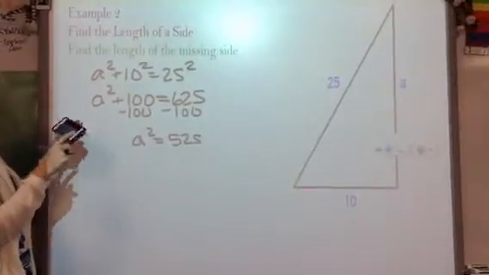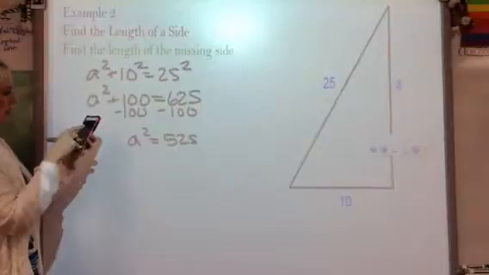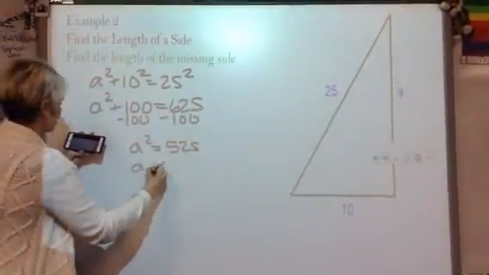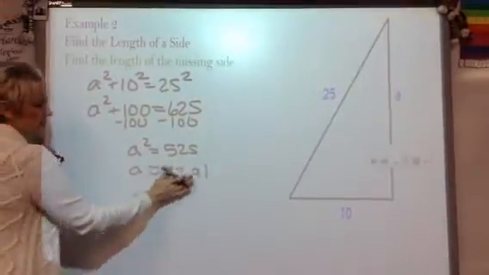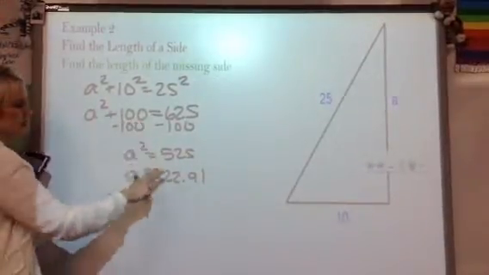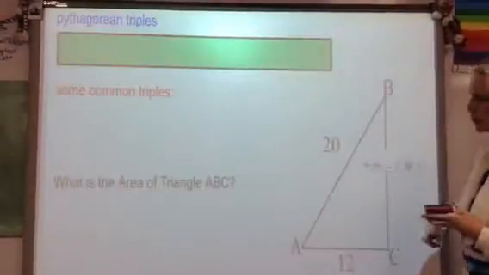When I take the square root of 525, a is equal to 22.91. Since it was not exact, I can change that to approximately equal, rounded to 2 decimal places, if it is not going to be an exact perfect square.